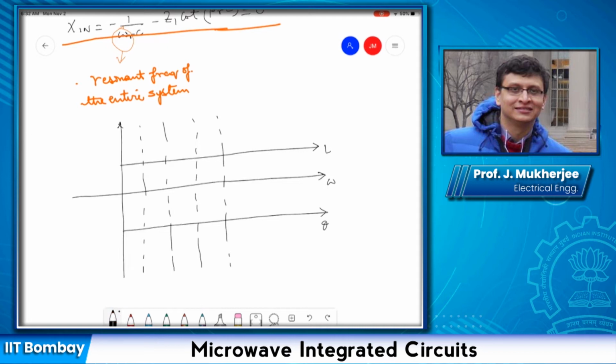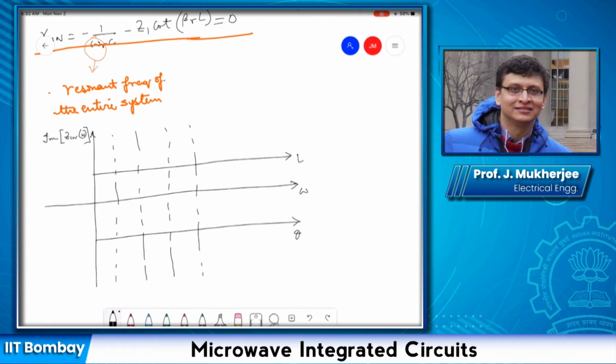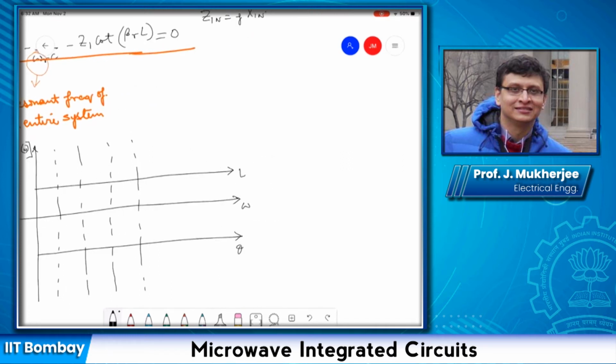So this is the imaginary part of Z in as a function of omega. Our circuit diagram is like this.